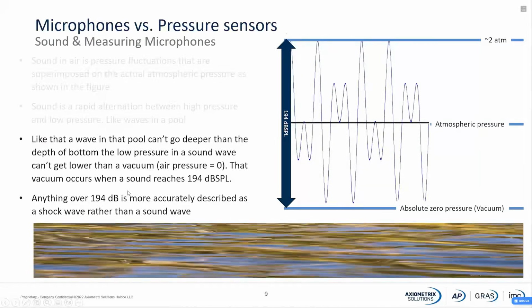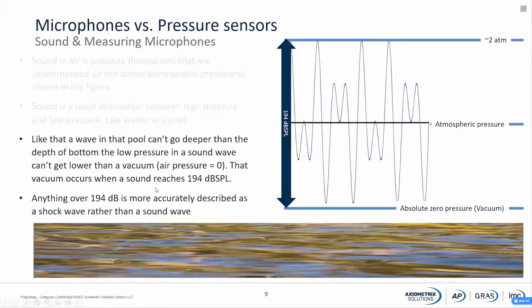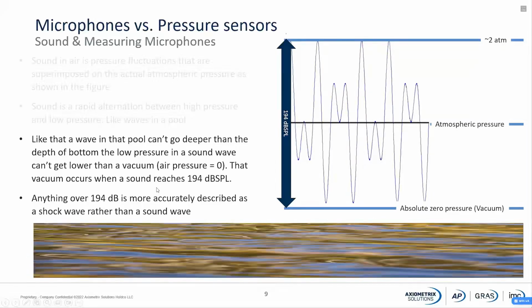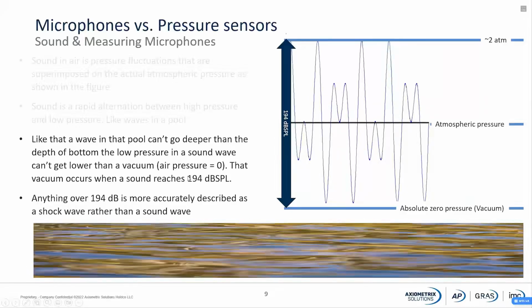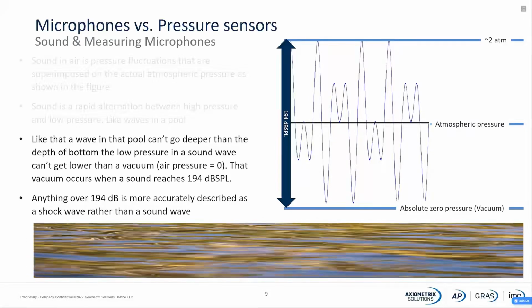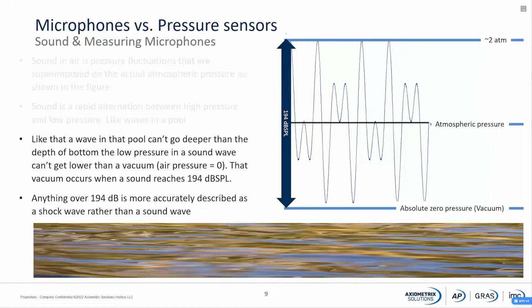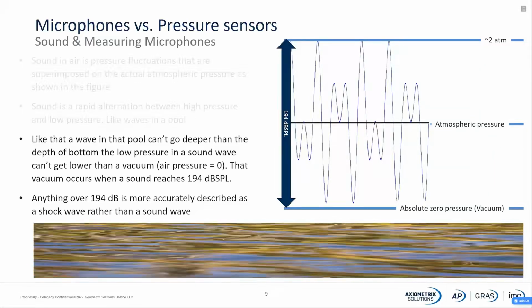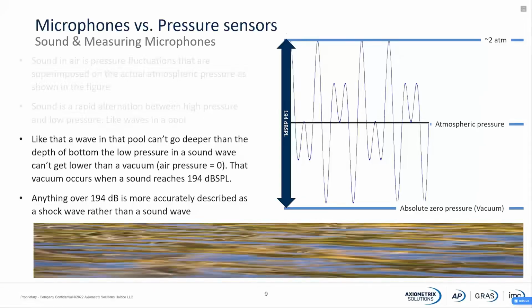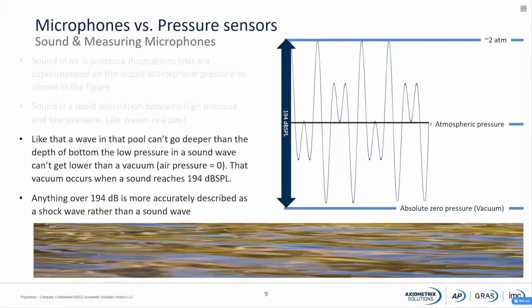Well, that is possible, but then it is described as a shock wave rather than a sound wave. And then you have some other effects, some other things taken into account. So when talking about sound, the maximum sound level is 194 under normal pressure level.